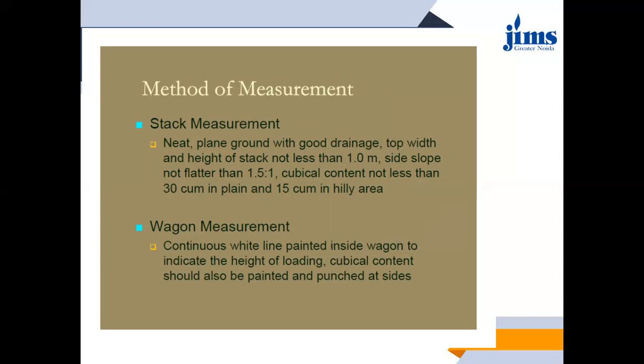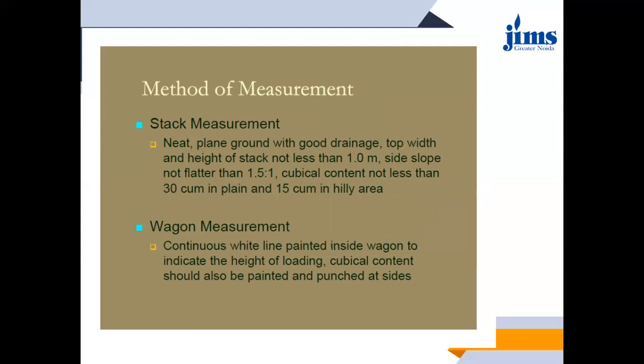So measurement is done by the following techniques. The first one is stack measurement. When we talk about stack measurements, while traveling by train, you must have seen on the adjacent sides of the railway track certain ballast stored. How will they be stored? They'll be stacked, keeping in mind certain measurements.